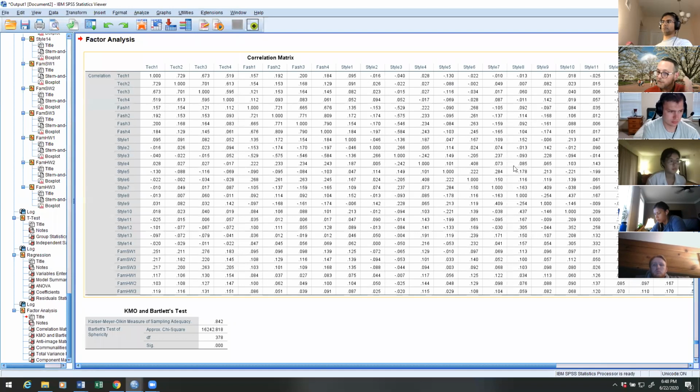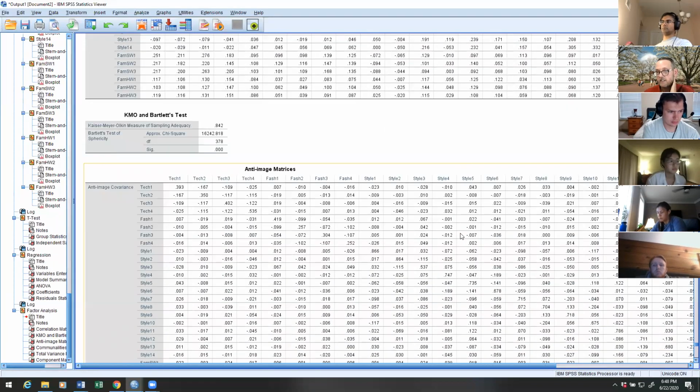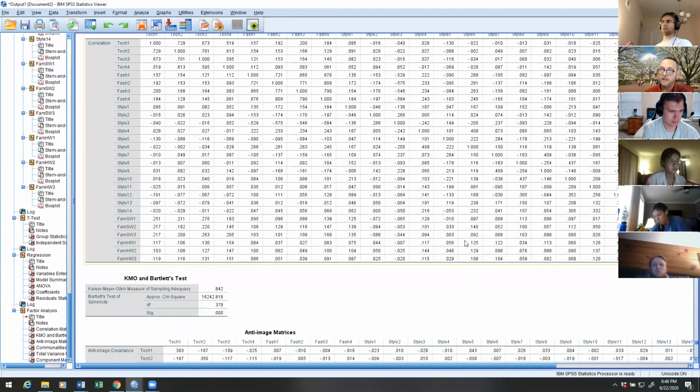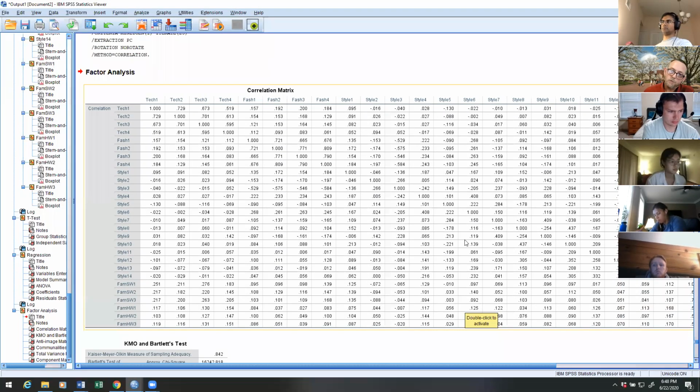I'm going to do a correlation matrix, and then you're going to see the items here that we have. The correlation matrix can be helpful. It can also be awfully confusing to try to follow along.